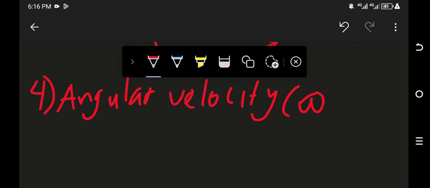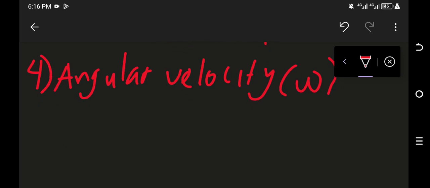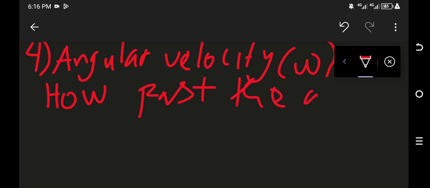Angular velocity is represented by omega, written as W. So what is angular velocity? It's just how fast the angle changes.